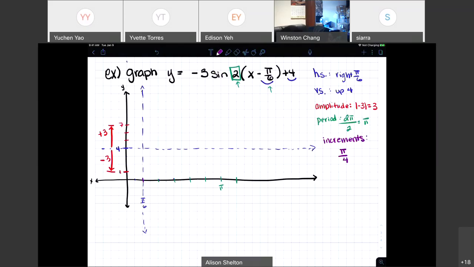Since our first point is at pi over 6, and we're going to add pi over 4 each time, both 6 and 4 go into 12, so that's 2 pi over 12 plus 3 pi over 12. So our increment is 3 pi over 12.